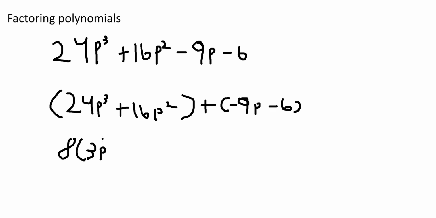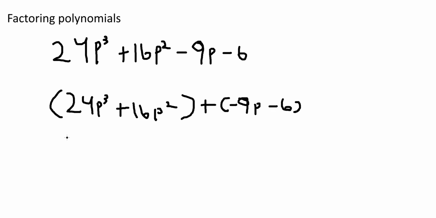Oh, actually I made a mistake on this side. Sorry about that. Right here you'll see that we also have p cubed and p squared, so we could take out a p squared on this side too.